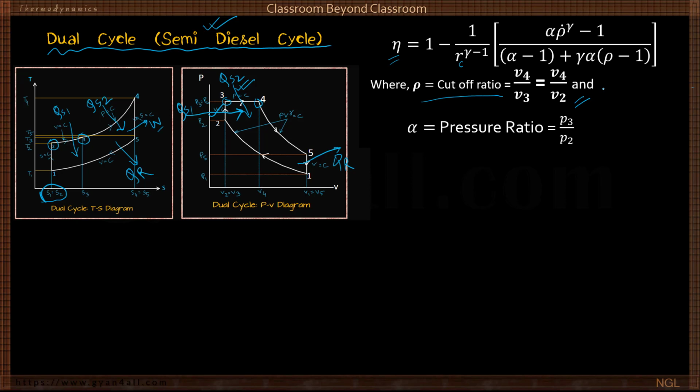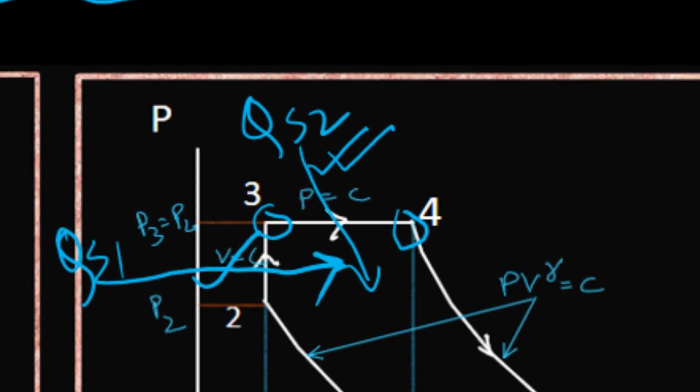Now one more ratio comes in this dual cycle, and that ratio is called alpha, the pressure ratio, which is equal to P3 divided by P2. P3 is the highest pressure, reached after constant volume heat addition, and P2 is the pressure before heat addition.